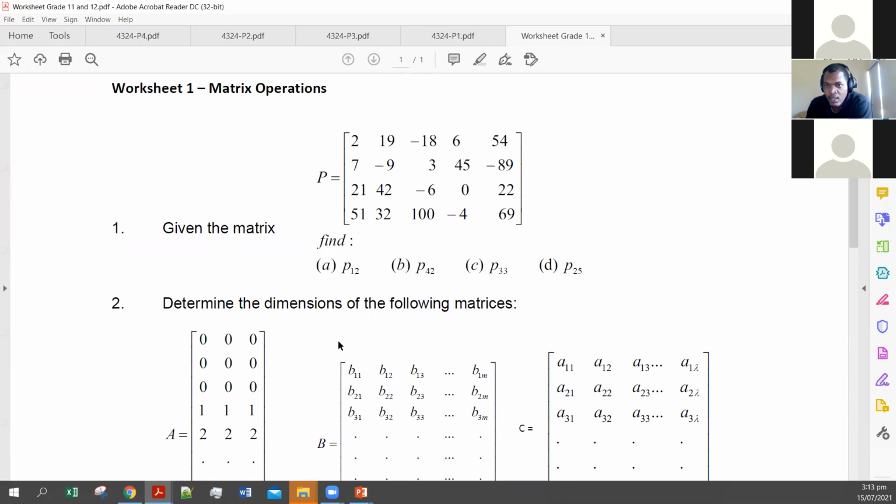Please forgive me. Let's start with Felicia. Find for us a P12. Okay, what is that element in that position, Valisha. You can type or you can unmute and just quickly talk to us.